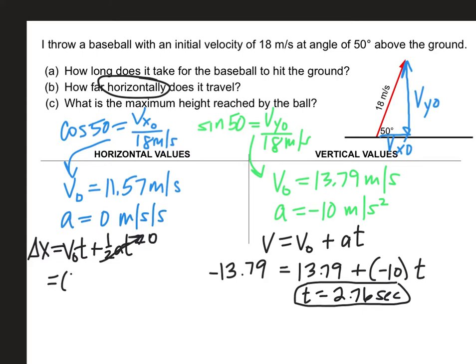So that would be 11.57 meters per second times our time of 2.76 seconds. We get a horizontal distance, what sometimes is called the range, of 31.9 meters.